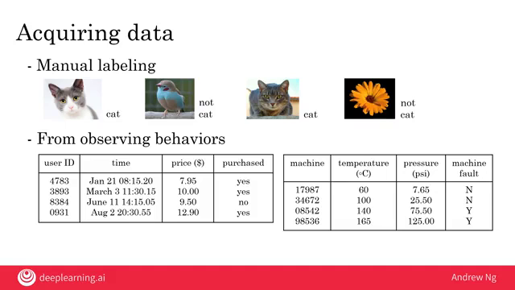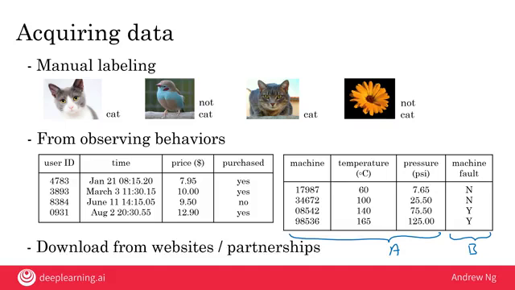There's a machine ID, the temperature of the machine, the pressure within the machine, and then did the machine fail or not? And if your application is preventative maintenance, say you want to figure out if a machine is about to fail, then you could, for example, choose this as the input A and choose that as the output B to try to figure out if a machine is about to fail, in which case you might do preventative maintenance on the machine.